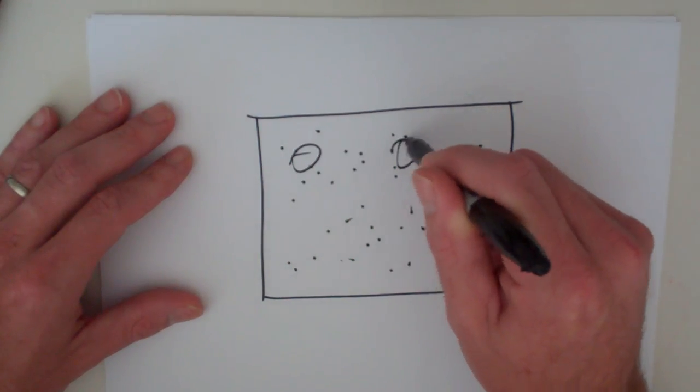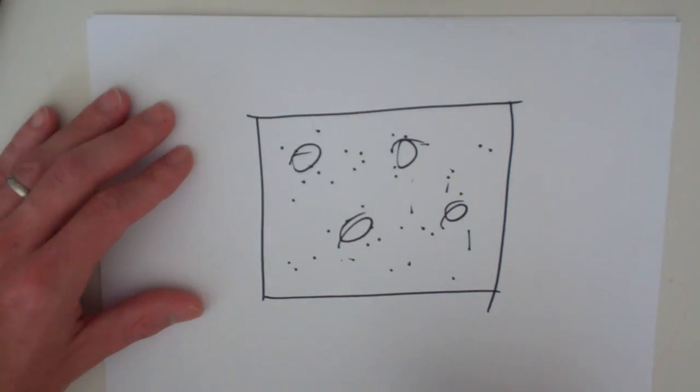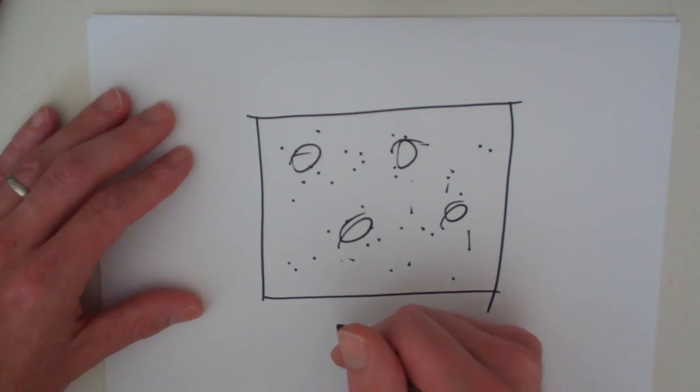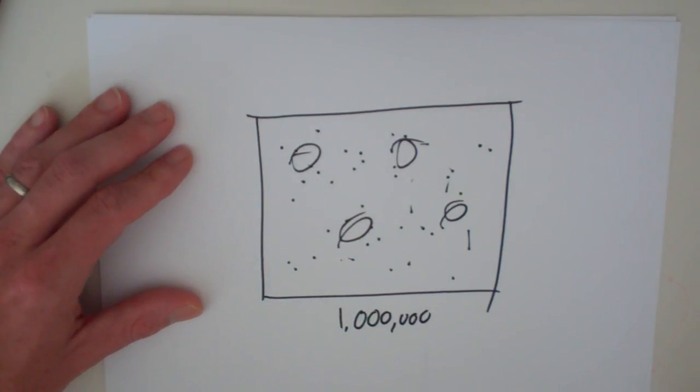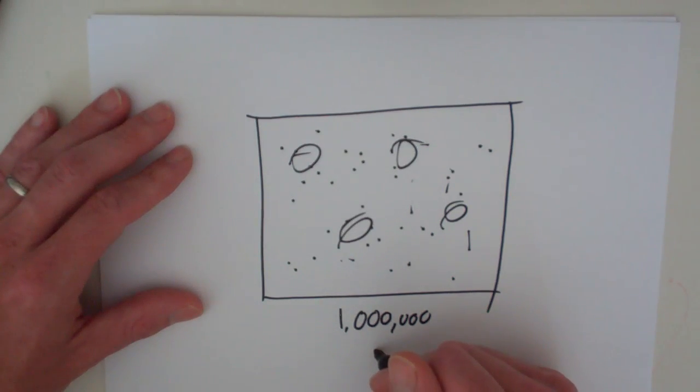And say you take a few randomly selected samples, and out of the million trees that happen to be in the forest, you end up sampling, let's say 1,000.